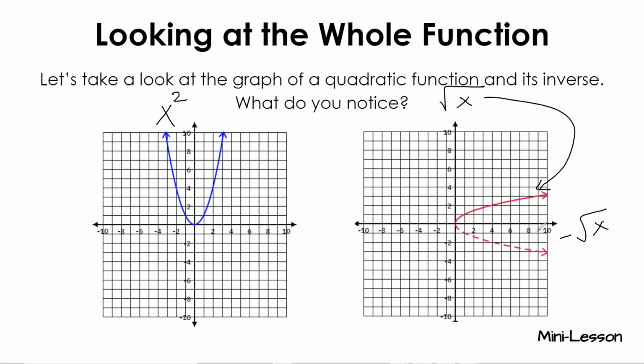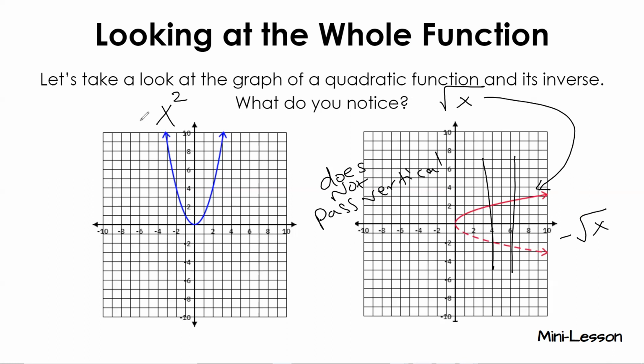Okay. So fun fact, the inverse function of x squared is not actually a true function because it does not pass the vertical line test. If it passes through more than one point, it's not a function. It has to pass through one point.